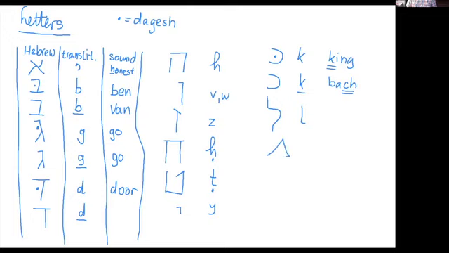I do it like this. And it's called a mem. The noon is the same. Then you get the samech. And it's the normal S.